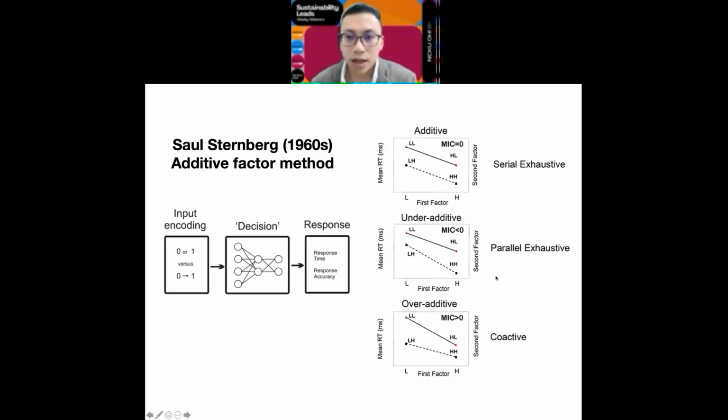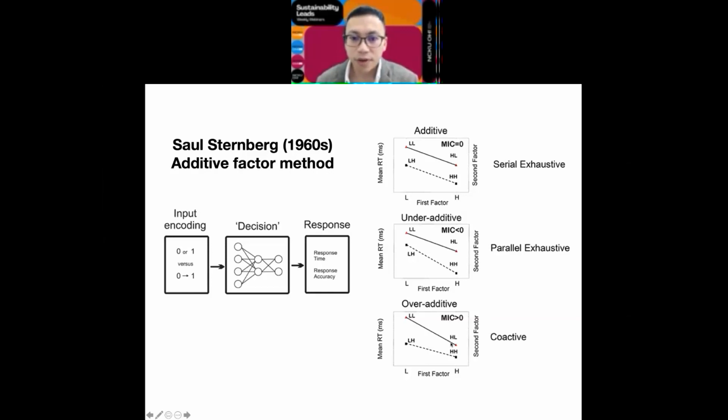And if you observe the reaction times of the 2x2 combinations like this, then we can infer that there is an under-additive effect between the two factors, which implies parallel exhaustive processing.